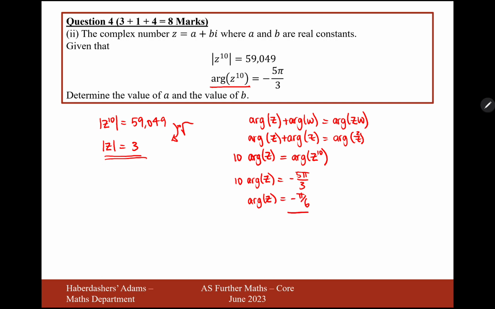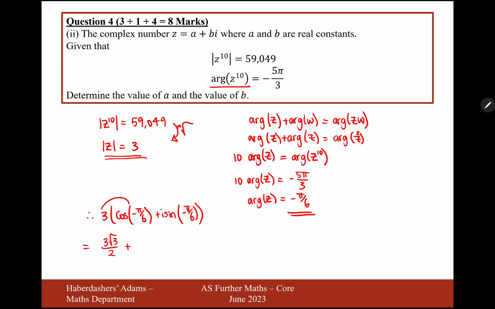So that's my argument. So therefore the complex number can be written in the form 3 brackets cos minus pi by 6 add i sine minus pi by 6. And then I'm going to expand the brackets. Make sure you're in radians mode first. 3 times cos minus pi by 6 gives an answer of 3 root 3 over 2.